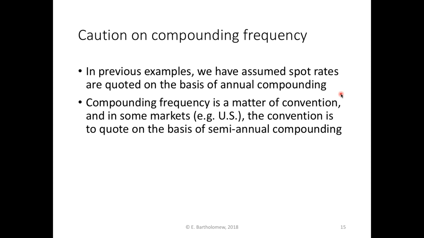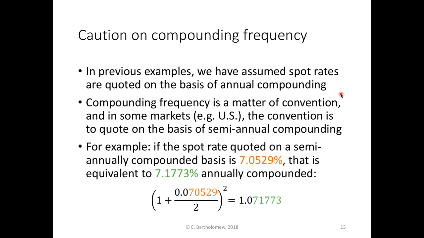Sometimes compounding frequency is more frequent. And I should note it's just a matter of convention. In some markets, for example, the US, the convention is to quote the rates on a semi-annual basis. So if we were doing it on a semi-annual basis, we would have a different number quoted. So the semi-annual number might be 70529, and that would be the equivalent to 71773.